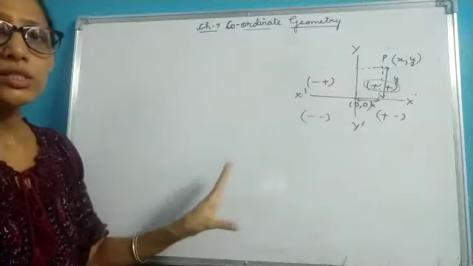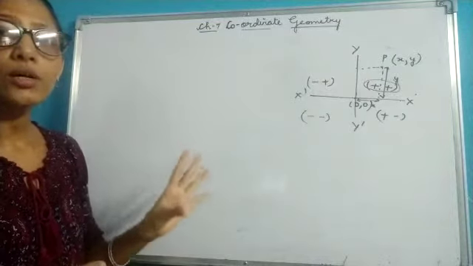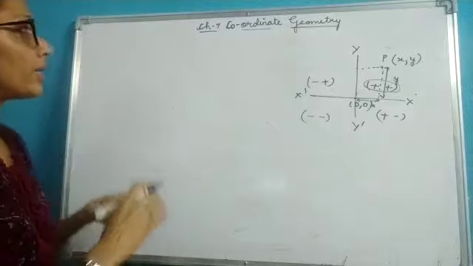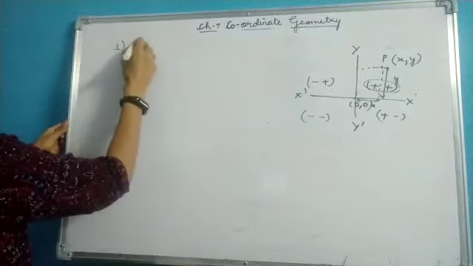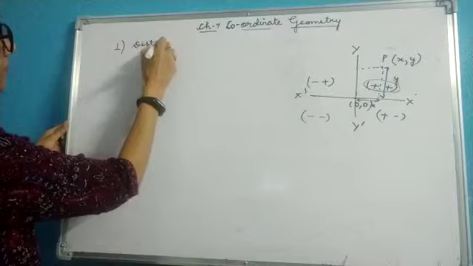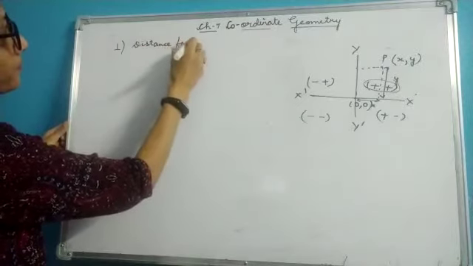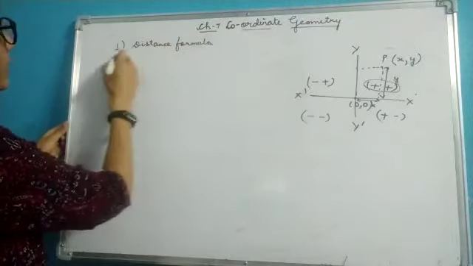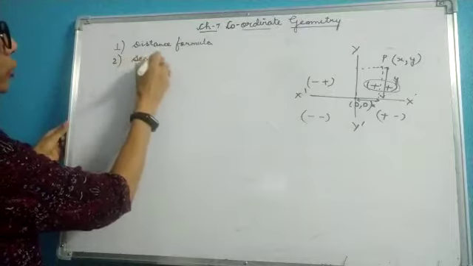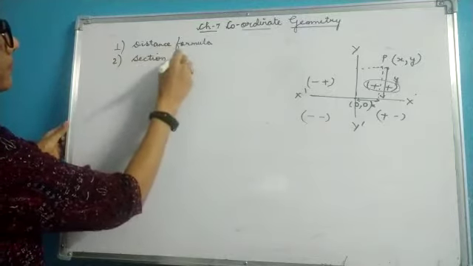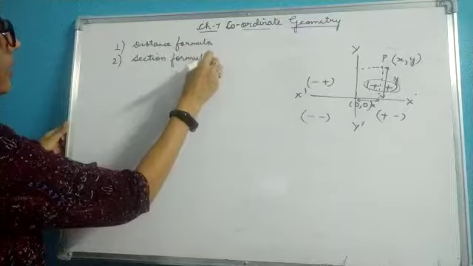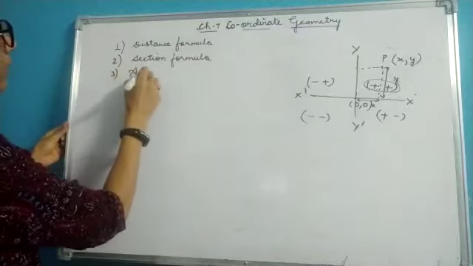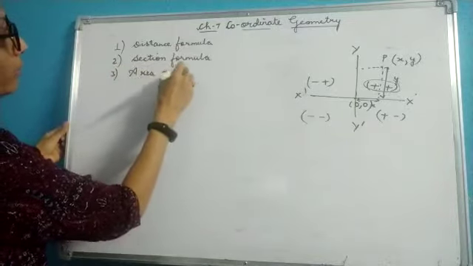So children, this chapter revolves around just 3 formulae and those formulas are the distance formula, secondly you have the section formula, and thirdly you have the area of triangle formula.